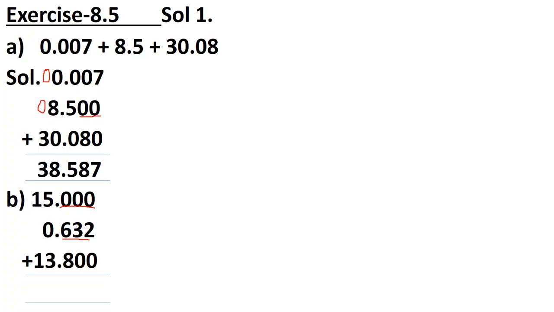Plus 13.8. So 13.8 and rest 2 zeros we have written from our side. And here also we can write down one more 0 to make them in sequence. Now you can add. It is 29.432. Understood? Thank you.